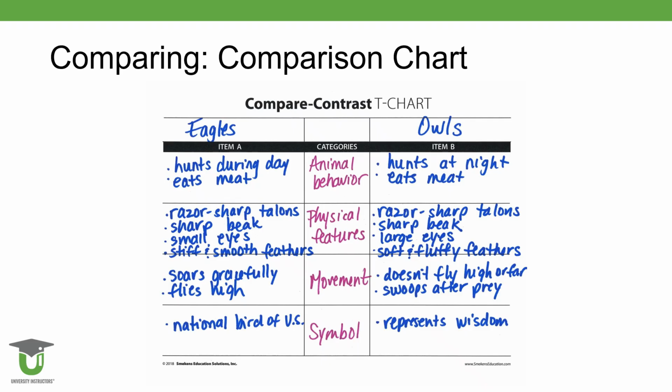By organizing information side by side within each category, students can more easily analyze patterns, recognize shared traits, and distinguish key differences. This structure supports deeper understanding by moving students beyond listing facts to intentionally comparing ideas.